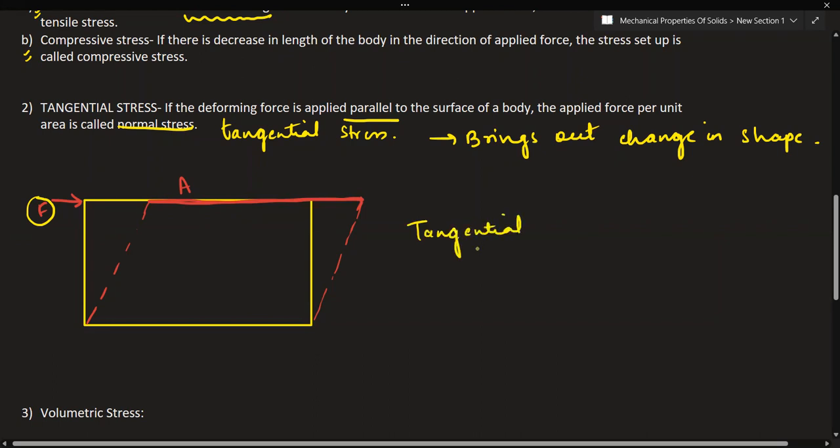Tangential stress is equal to F by A, where F is the deforming force applied and A is the area of the upper layer, because it's force acting per unit area. Again, the SI unit would remain the same, Newton per meter square or Pascal.